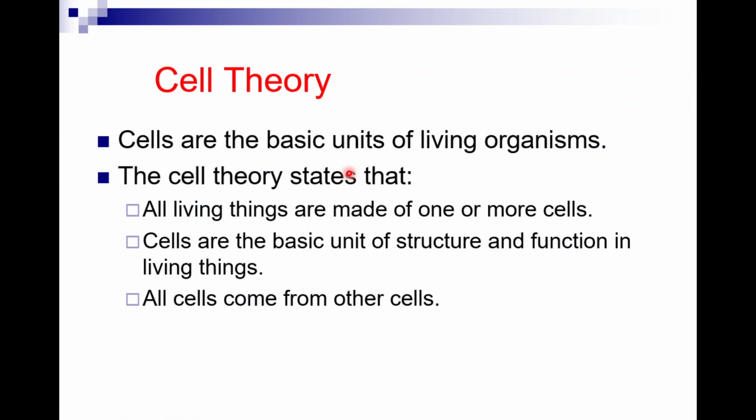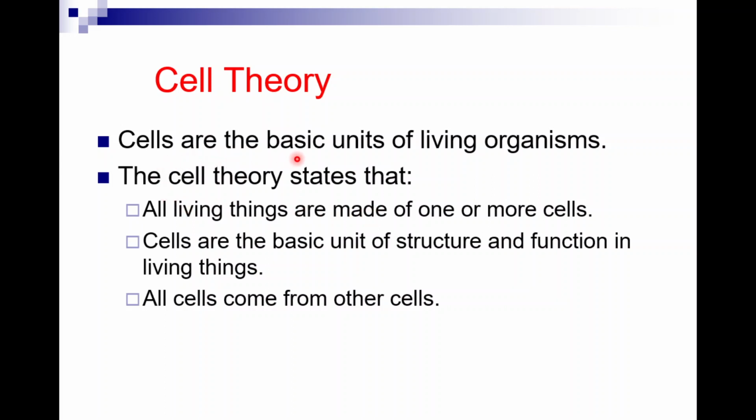Now, basically, what is cell theory? Cells are the basic units of living organisms. The cell theory states that all living things are made up of one or more cells, that is unicellular and multicellular. We have studied it many times in our previous lectures. So the cell is the basic unit.